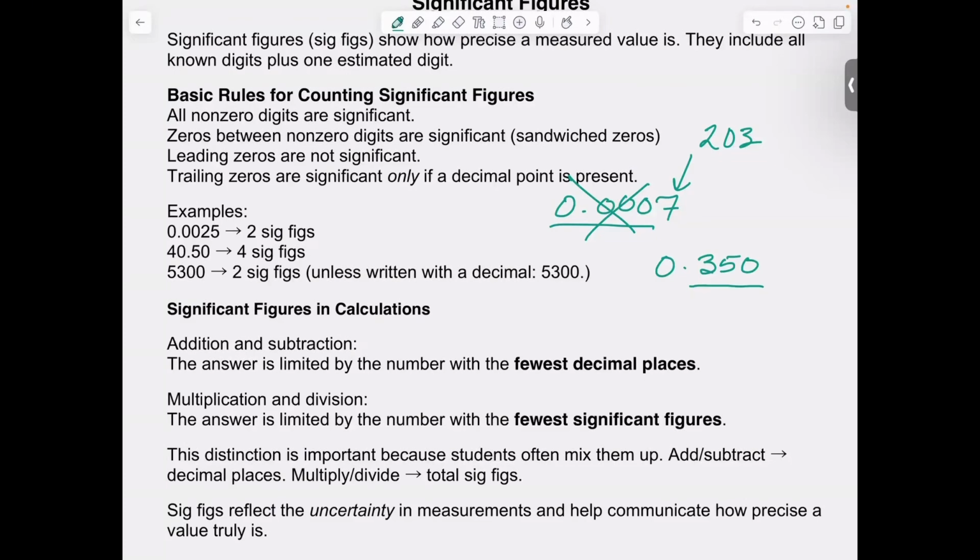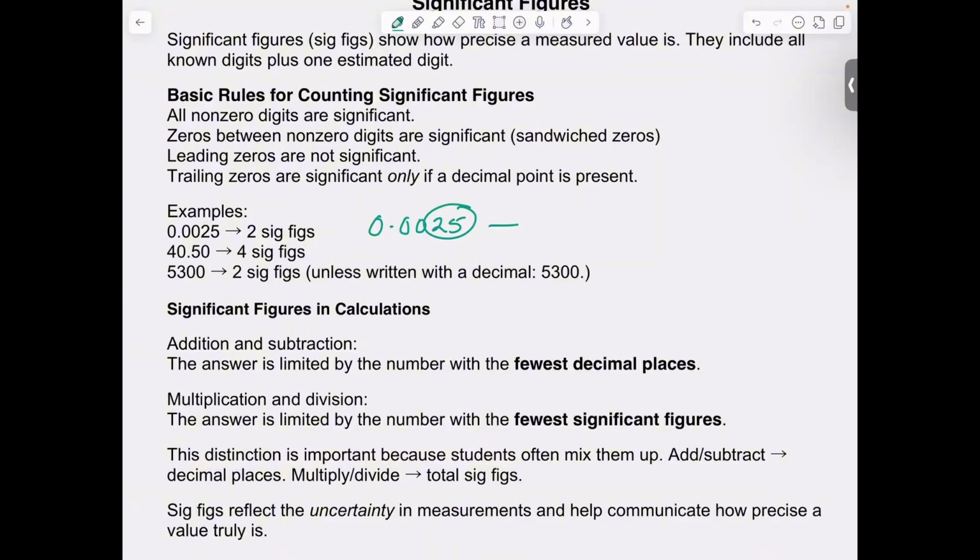And I did run through a few examples here for clarity. When we have 0.0025, we'll count those two as significant. Okay, remember, leading zeros don't count. Now 40.50, all four are considered significant.